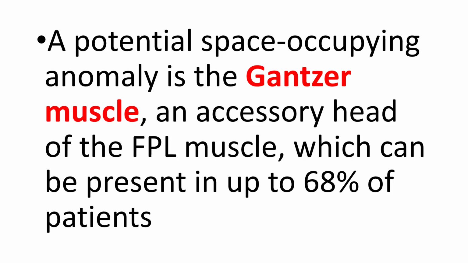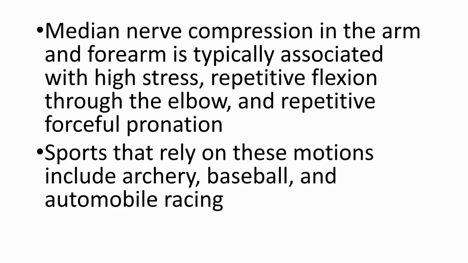Gantzer's muscle can be present in up to 68% of patients, and this can cause compression. Median nerve compression in the arm and forearm is typically associated with high-stress repetitive flexion through the elbow and repetitive forceful pronation. Sports that rely on these motions include archery, baseball, and automobile racing.